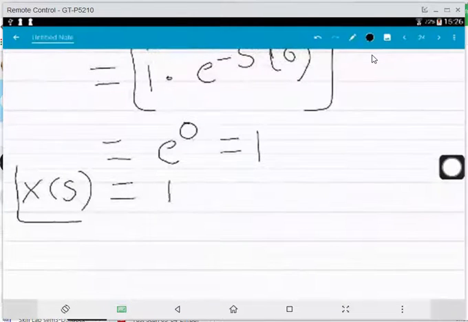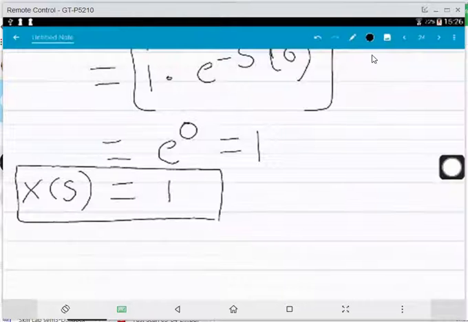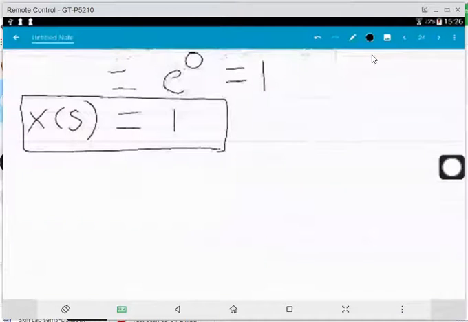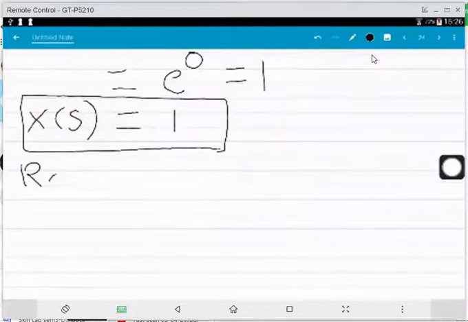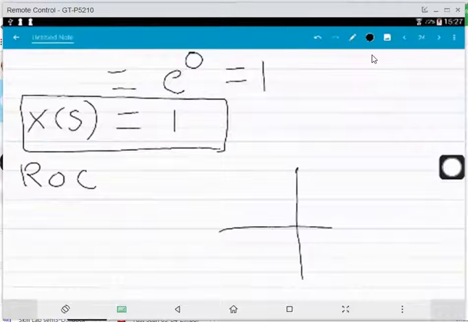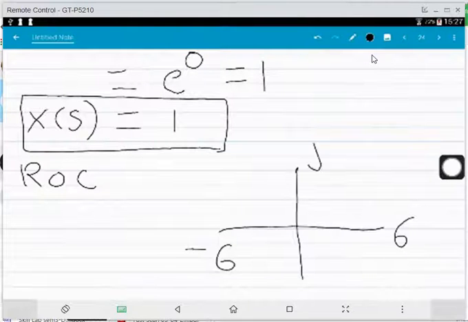Now we have to determine the ROC of the delta function. ROC will be the entire S plane. Sigma, this is minus sigma, and this is j omega, this is minus j omega.